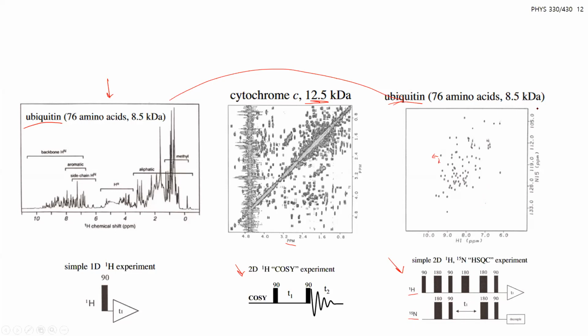So again, this is why there are entire classes devoted to NMR, because we can't really cover all these pulse sequences in one class, but I just want to mention those so you're familiar with them.